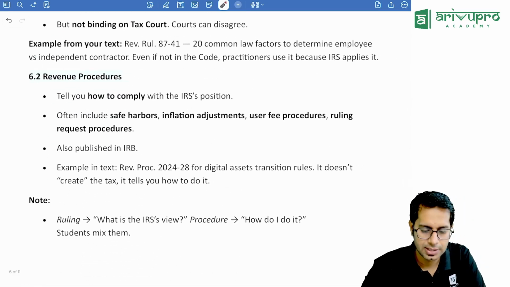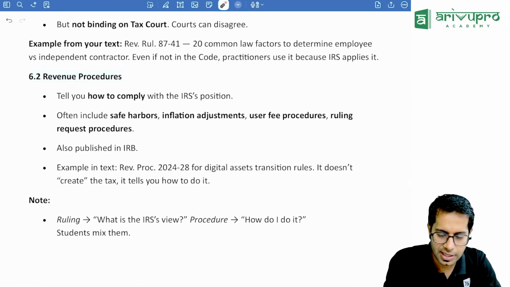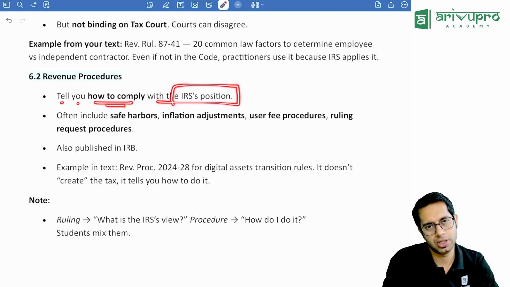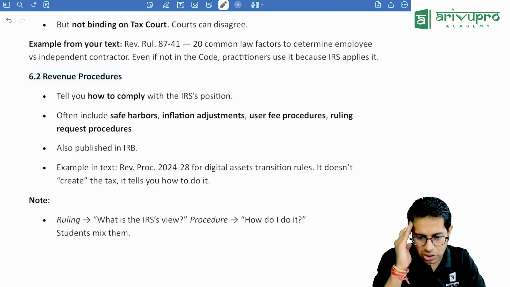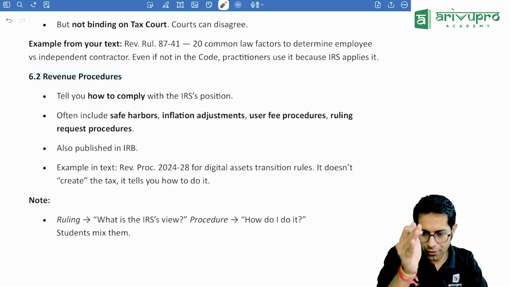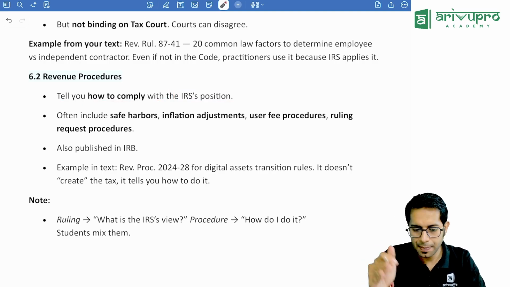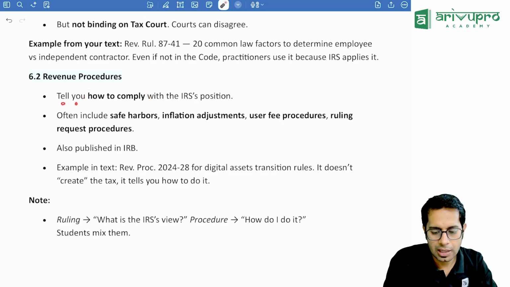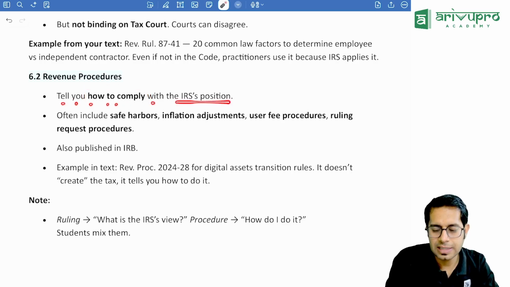Revenue procedures. Rulings we studied; procedures will tell you how to comply with the IRS position. What is the intention of the department, and if you want to follow that intention, how do you comply with it? They tell you how to comply with the IRS position and often include safe harbors.